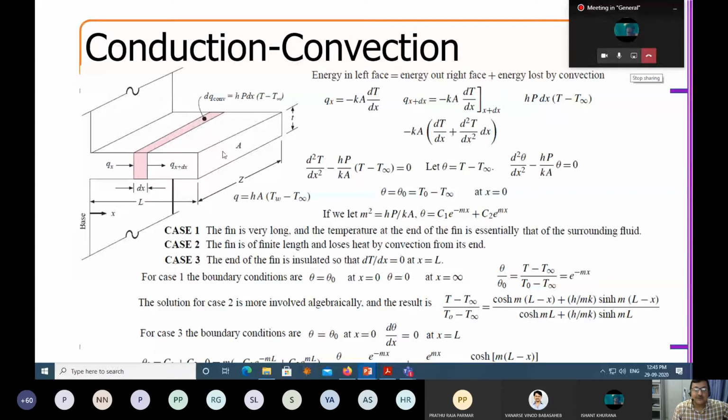Case 2 is the fin is of finite length and loses heat by convection from its end. So heat loss is not only by conduction taking part in the heat balance, but also heat loss due to convection. Correct?